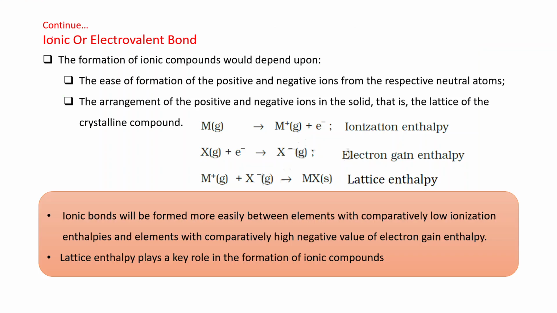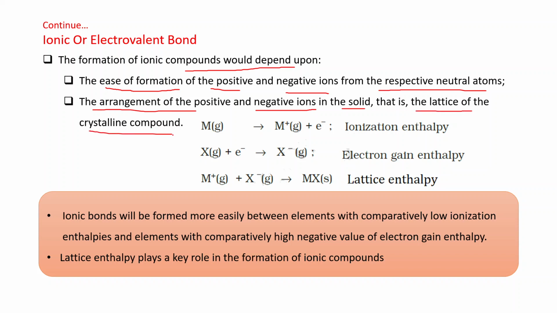The formation of an ionic bond depends upon the ease of formation of the positive and negative ions from the respective neutral atoms, and the arrangement of positive and negative ions in the solid, that is the lattice of the crystalline compound.